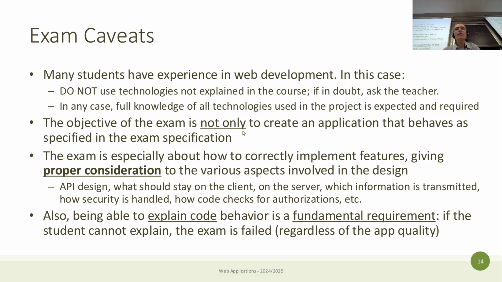The objective of the exam is not only to create an application that behaves as specified in the exam text. It's also how you make it. Of course, we know it's an application where you can add things to a cart and then press buy.